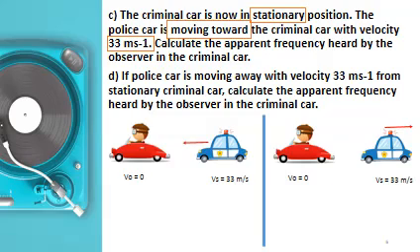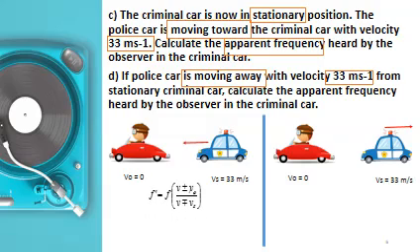So to answer C, we're going to use the same equation, f prime equal to f in a bracket, v plus minus v naught divided by v plus minus vs. So v naught is 0.